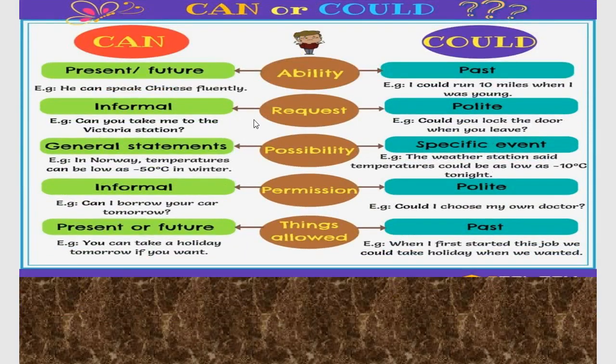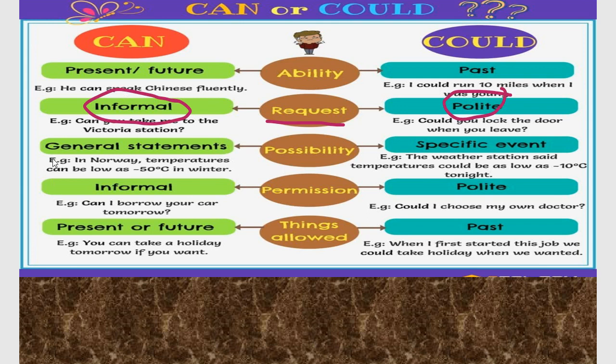Now we will come to can and could. Can refers to present and future. Could refers to past. Both can and could can be used as a request, but can is used in an informal request. Could is used in a polite request. Both are used for possibilities.